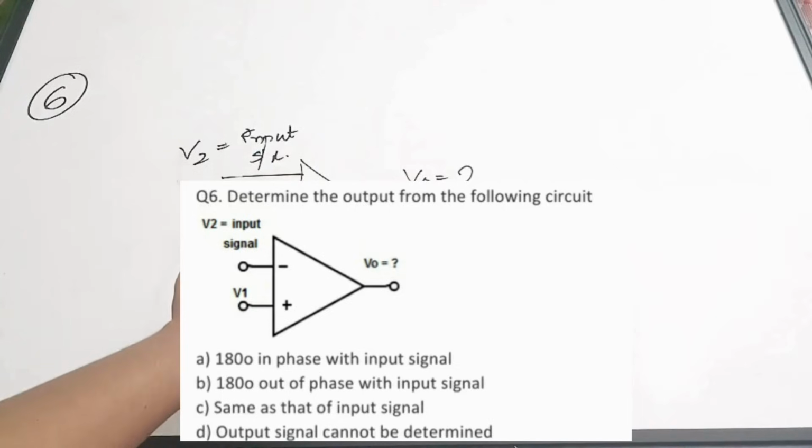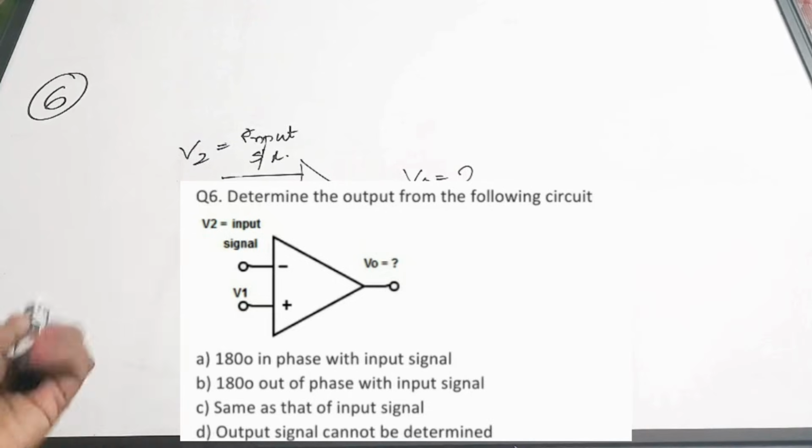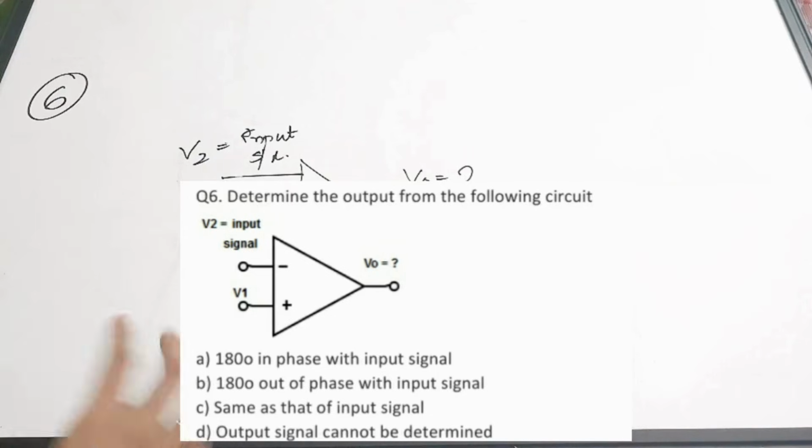Whereas if it is connected to the positive terminal, it is called a non-inverting amplifier. These are the basic amplifier configurations of op-amp, and we have also discussed them in the op-amp quick revision video, so you can have a look if you want to. So the input is connected to the inverting terminal, so it is an inverting amplifier.